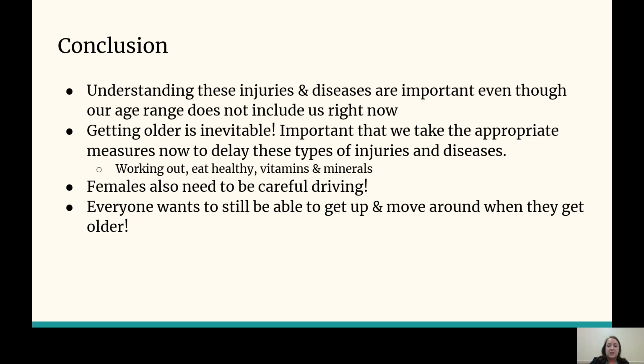I know males do have a tendency to drive more recklessly than females, but like I said, that doesn't exclude females in our age range from having hip dislocations. We are just as likely to get in a wreck or an accident, or to have someone hit us. So if we start working out, eating healthy, and getting those vitamins and minerals, hopefully our hips can withstand some traumatic force.